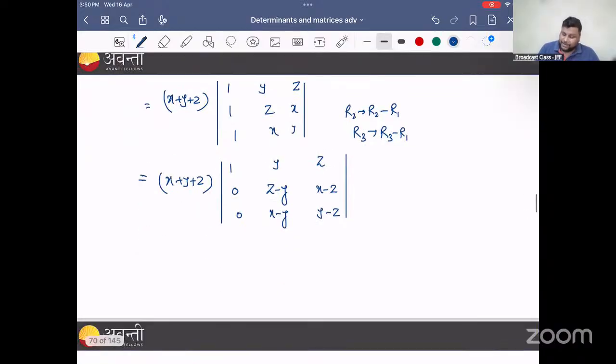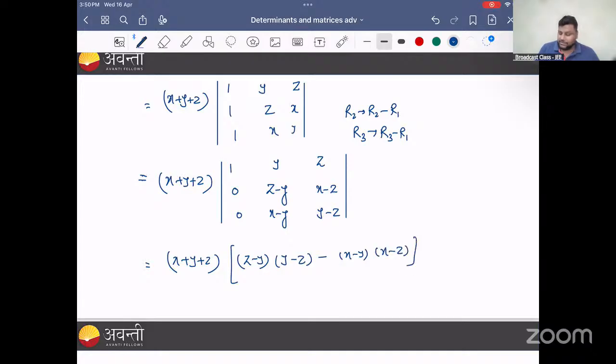Now simply expand along the first column. So X plus Y plus Z into Z minus Y, Y minus Z, minus X minus Y, X minus Z. So take minus common and you multiply the entire expression.